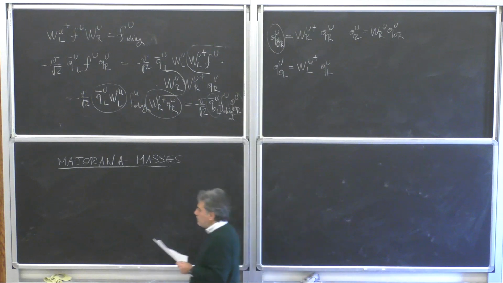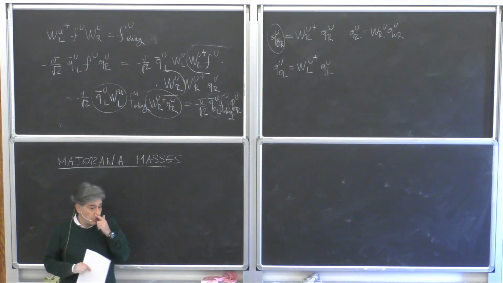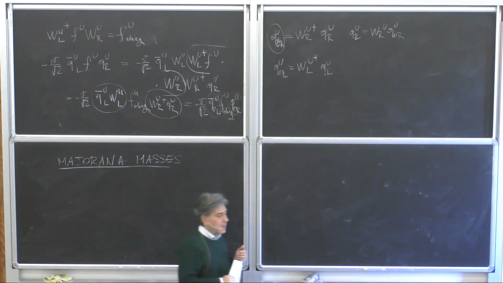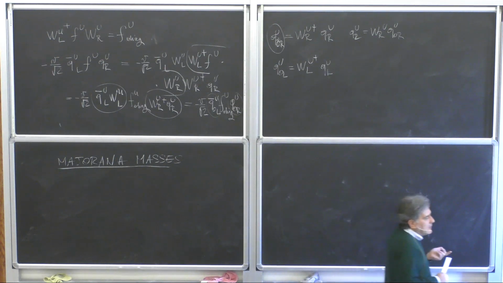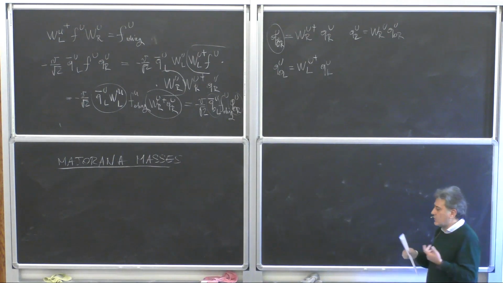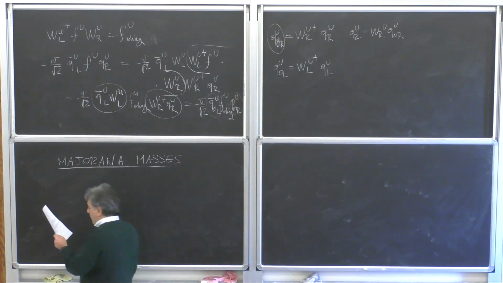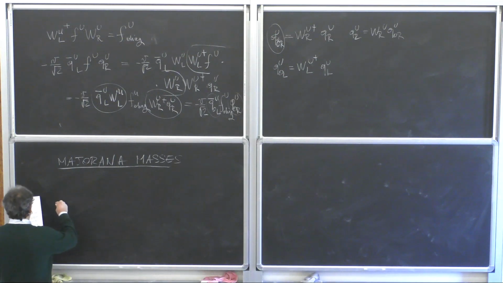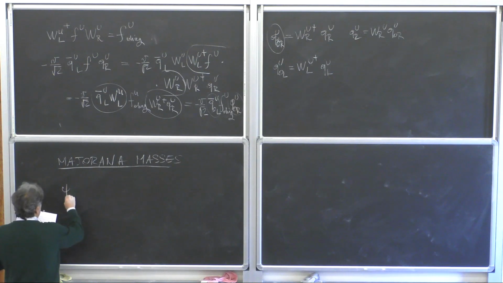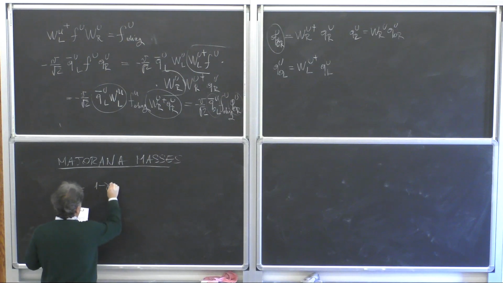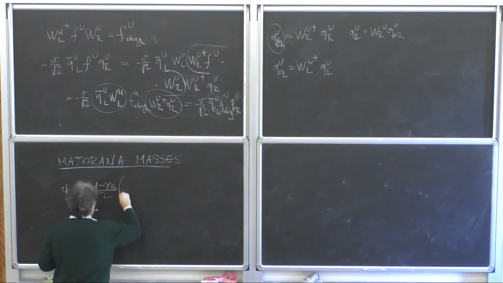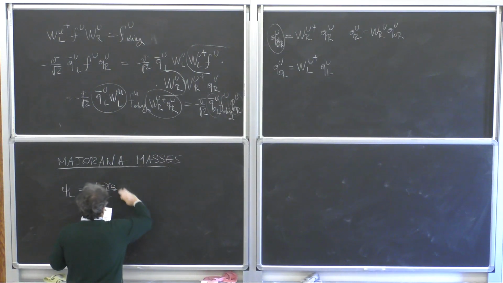Now, neutrinos are neutral fermions, and one possibility is that they are their own antiparticles. Remember that we have defined the left part of a spinor.